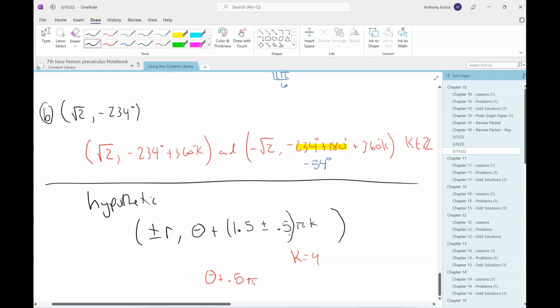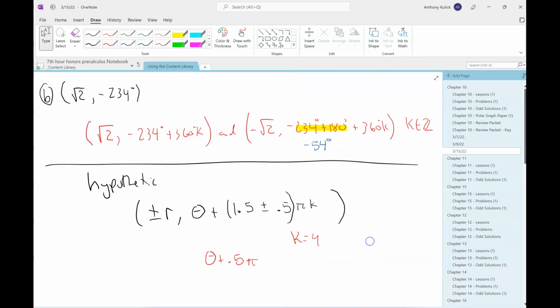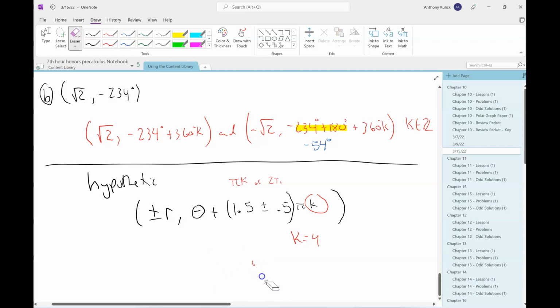That is just going to be either π or 2π. But the problem is that you have π times k. So if k is equal to 3, you'd have theta plus 3π. I don't think you can combine this all into one and have it always work out.